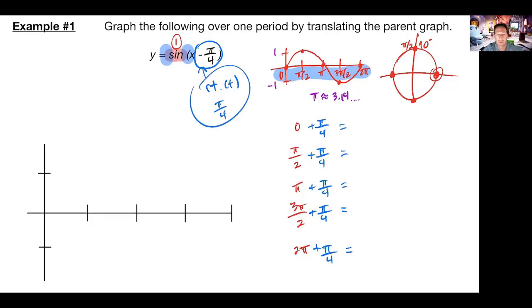That's the translation that we're going to be putting on this graph. So instead of starting at 0, I know I'm just going to shift it pi over 4, which is right in the middle. Okay, so you can go through and find all 5 of these key points pretty quickly.